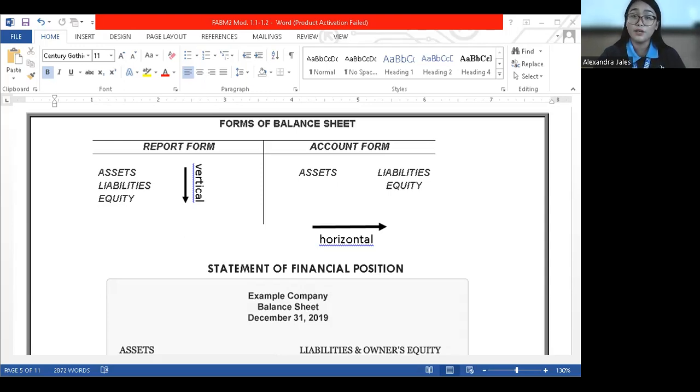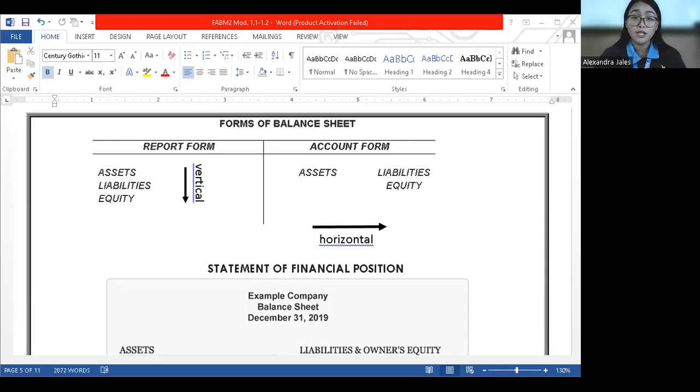So that means we also classify each of these major accounts into balance sheet and income statement, or your SCI, which is your statement of comprehensive income. Take note, in your balance sheet, you have your 3 major accounts: your assets, liabilities, and equity. And for your income statement, you have your income and expenses.